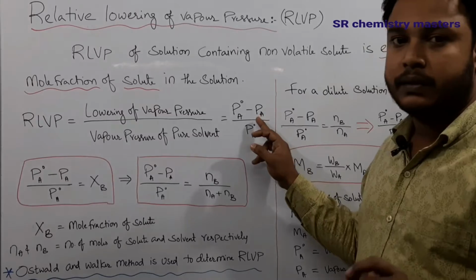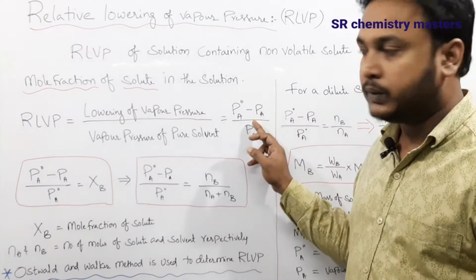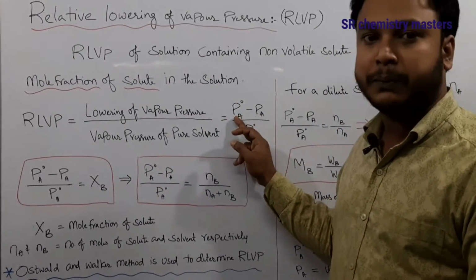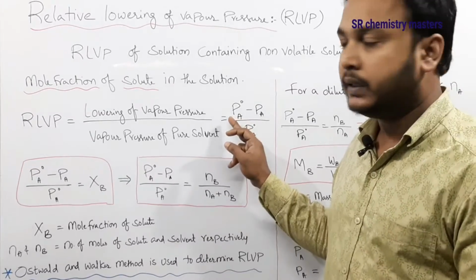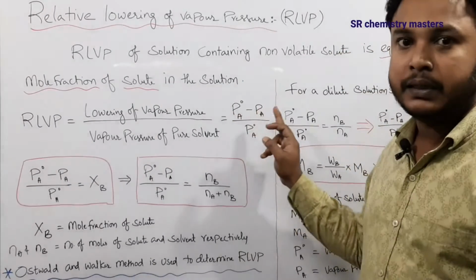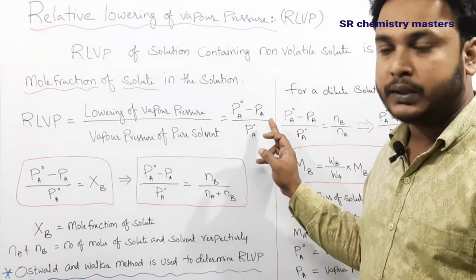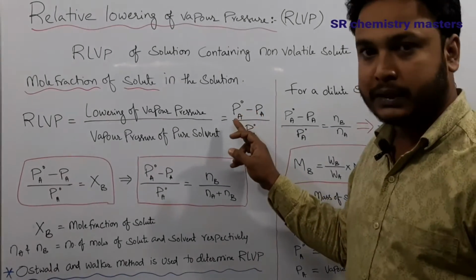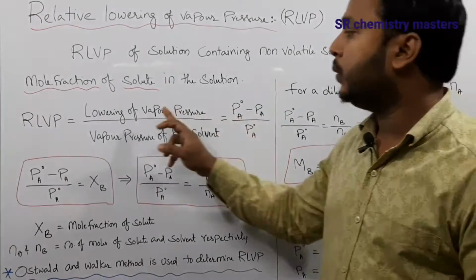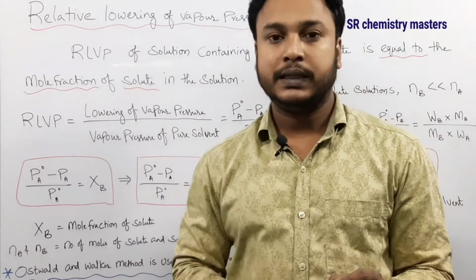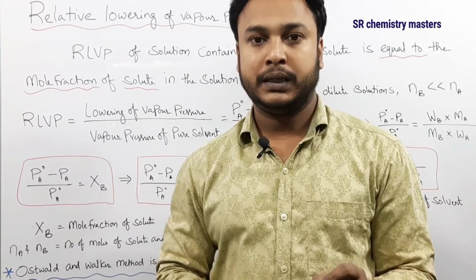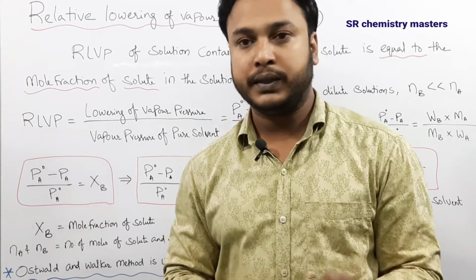PA is the vapor pressure of the solution, PA naught is the vapor pressure of the pure solvent, and when we subtract the vapor pressure of solution from the vapor pressure of pure solvent, we get the lowering of vapor pressure. As we said, relative lowering of vapor pressure is equal to the mole fraction of solute.